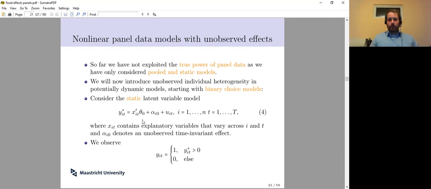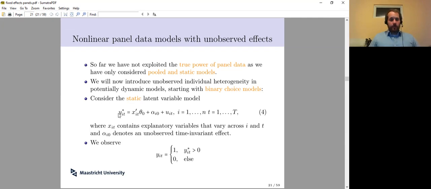It captures all the unobserved individual characteristics that may be relevant, that may be correlated with X. If we do not include the alpha here, it would normally be subsumed in the model error, and this would create endogeneity because it would be correlated with the X. Now we include this alpha, and we will see that this actually creates some issues.